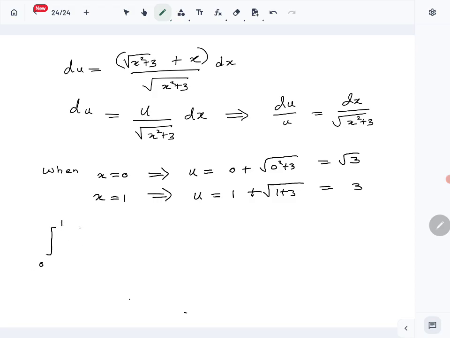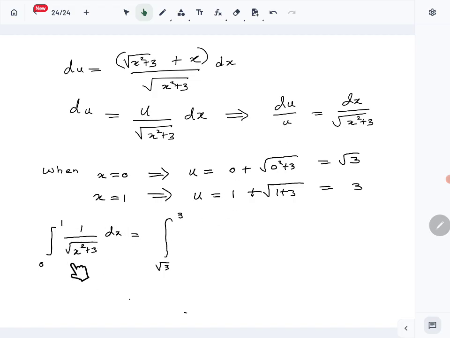So now let's apply the substitution. The lower limit becomes square root 3, the upper limit becomes 3, and notice that dx over square root x squared plus 3 is equal to du over u.